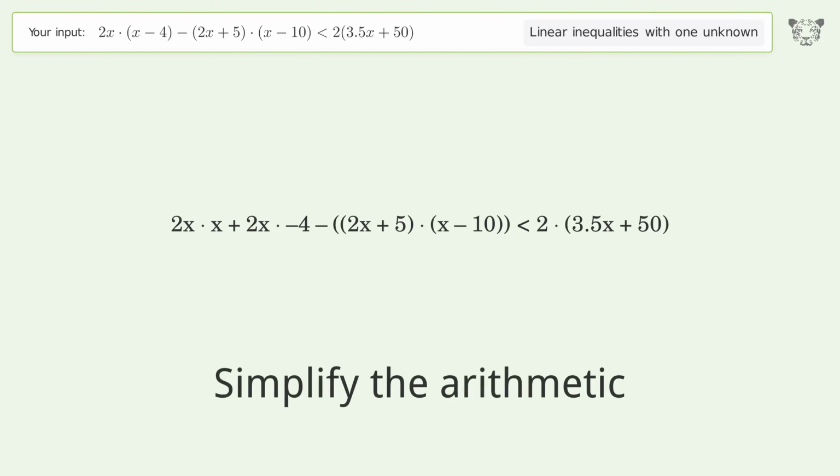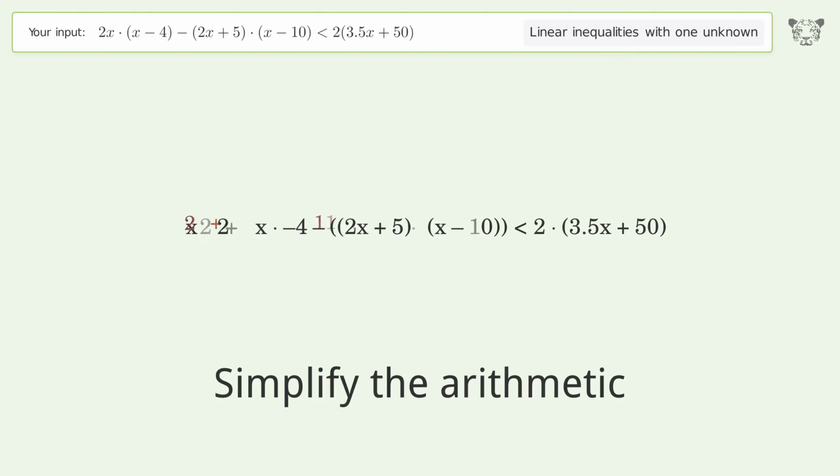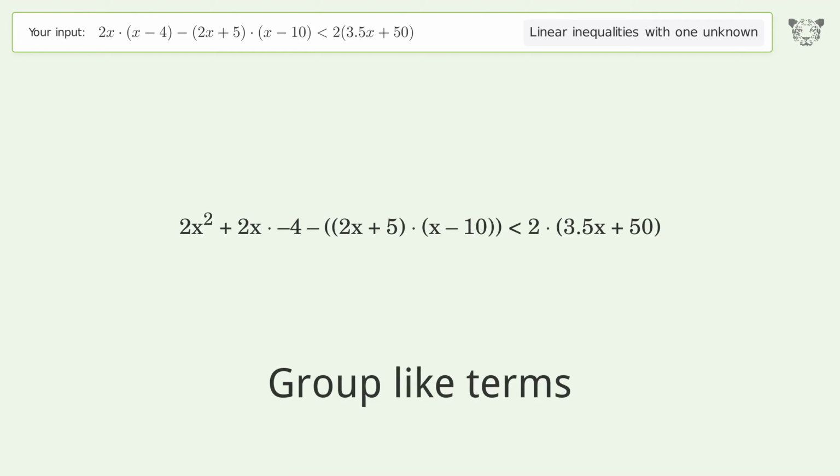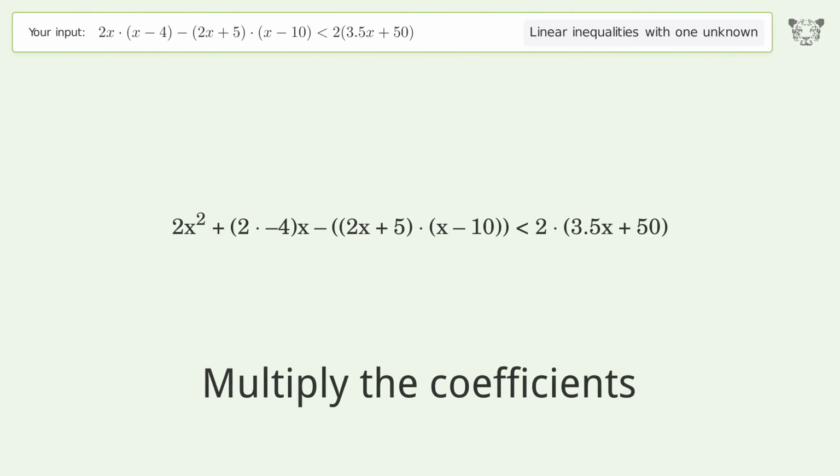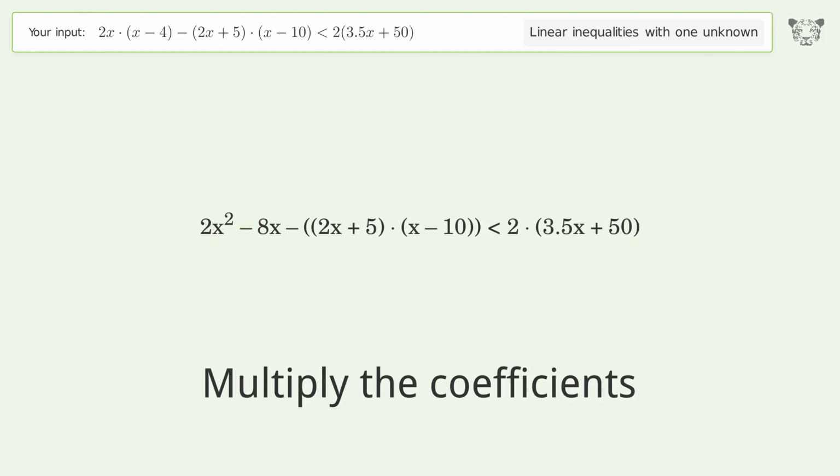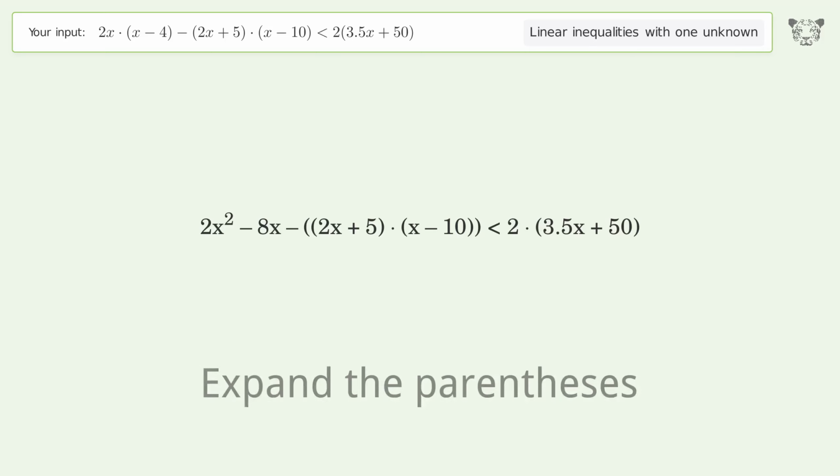Simplify the arithmetic. Group like terms. Multiply the coefficients. Expand the parentheses.